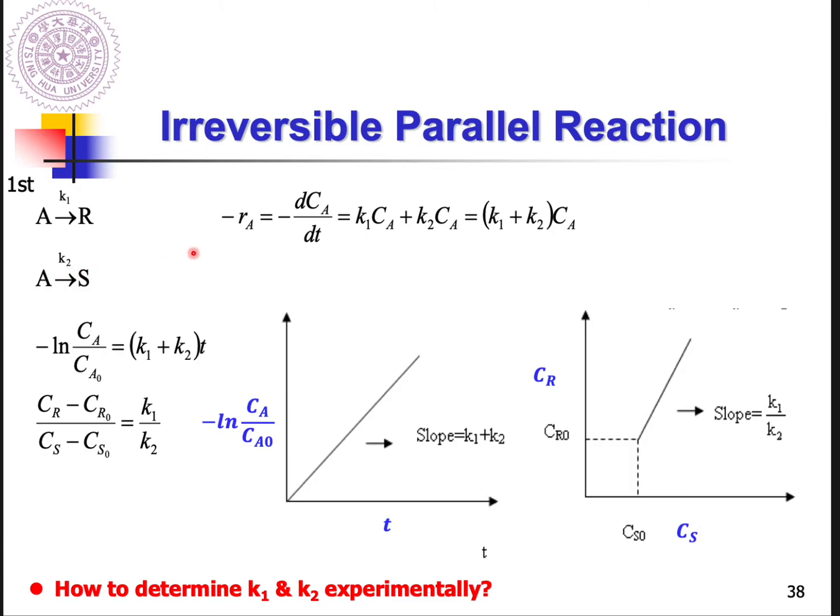When you write down the consumption rate of reactant A, it can be expressed as a sum. You need to sum all the consumption rates, right? So it will be K1 Ca plus K2 Ca. And you take Ca out, and you get K1 plus K2.